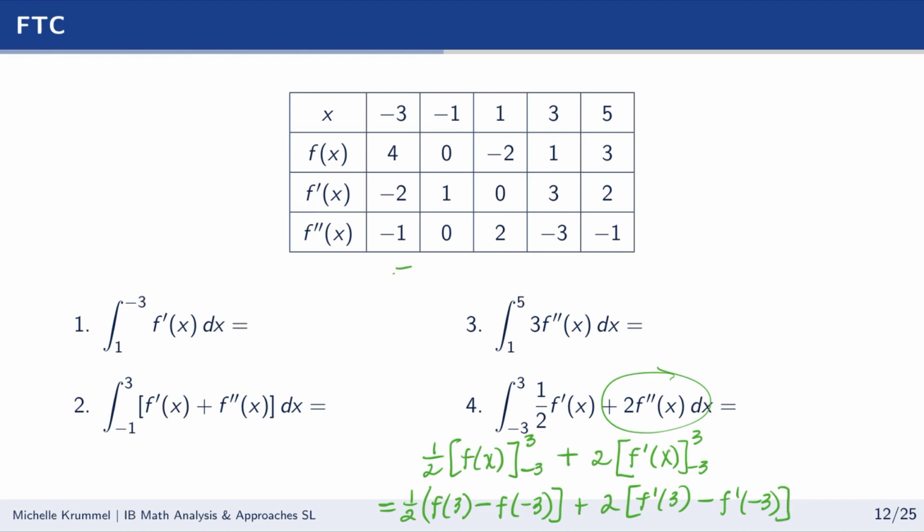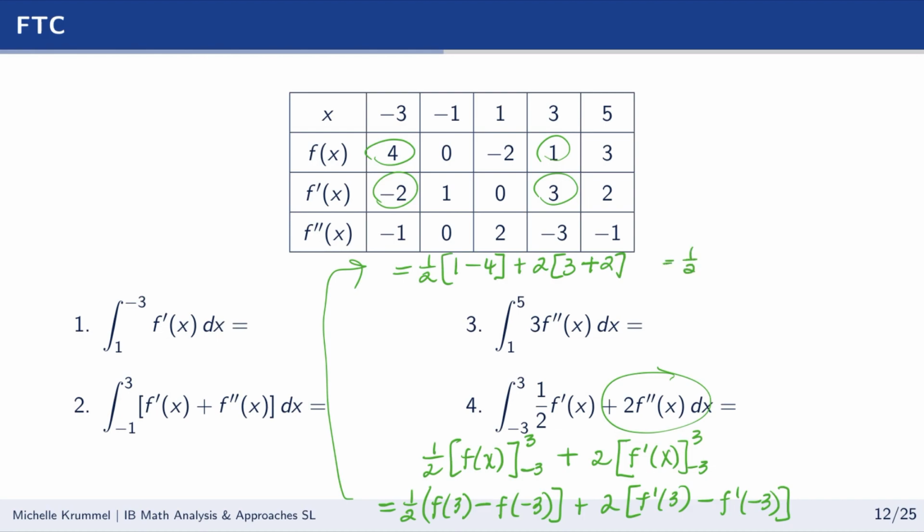So we've got 1/2 times f of 3 is 1 minus f of negative 3 is 4, plus 2 times f prime of 3 is 3 minus f prime of negative 3 is negative 2.